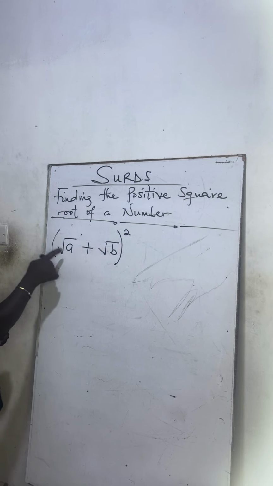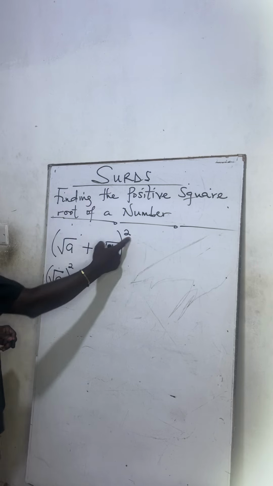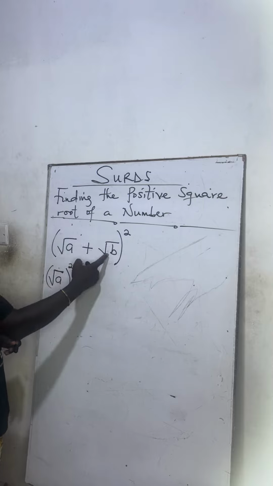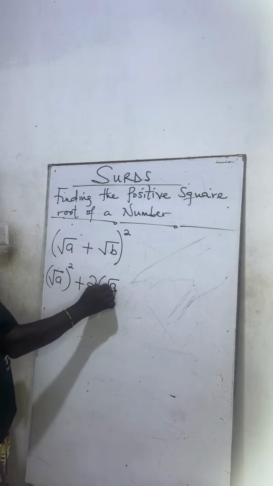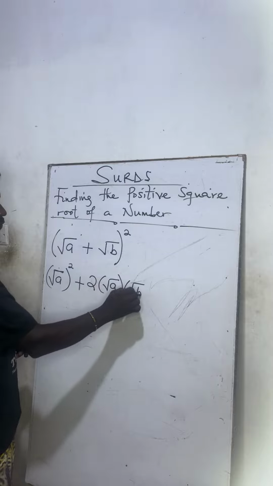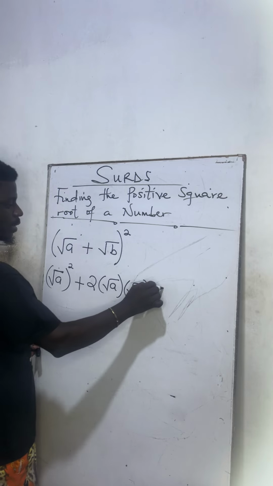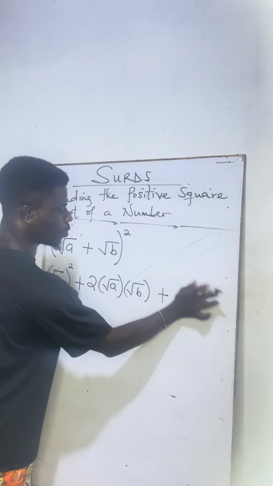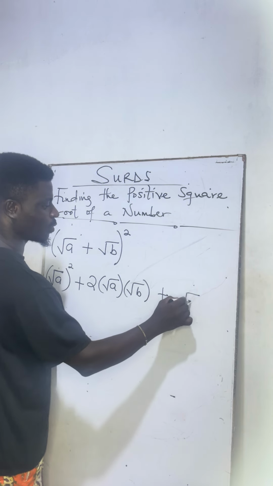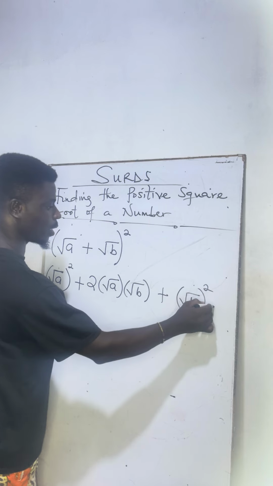The two affect square root of a, so we get square root of a all squared plus 2 multiplied by the first term, then the second term, so 2 times square root of a times square root of b. Then plus, we take the second term all squared, so square root of b all squared.